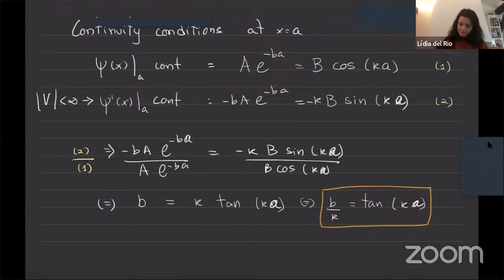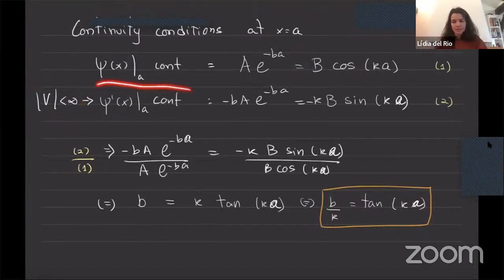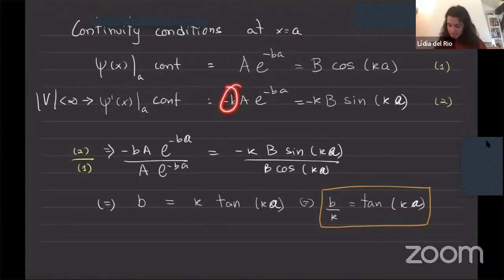Inside the box, it's this. And because now the potential is finite, the first derivative must also be continuous. This is the other continuity condition we looked at. So we differentiate this exponential, we get minus b times the exponential, and here the derivative of cosine is minus sine times the constant k.